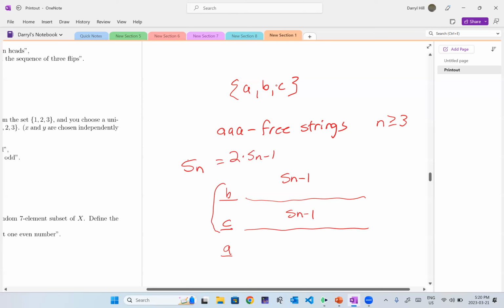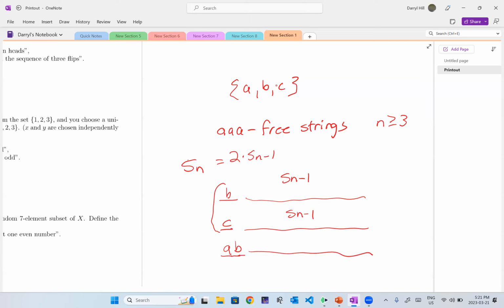So what if it starts with an A? Well, if it starts with AB, then anything after B is okay. So this is S of n minus 2 now, because I've decided on the first 2 locations. But from here on, I can put whatever I like as long as it's A free.